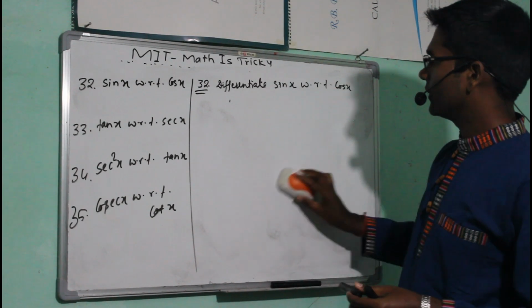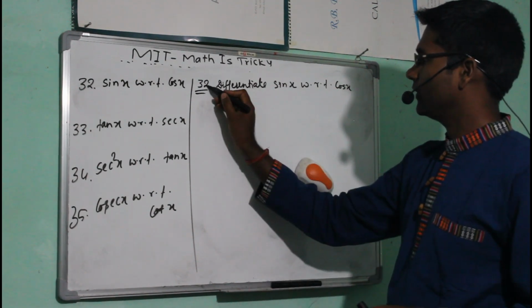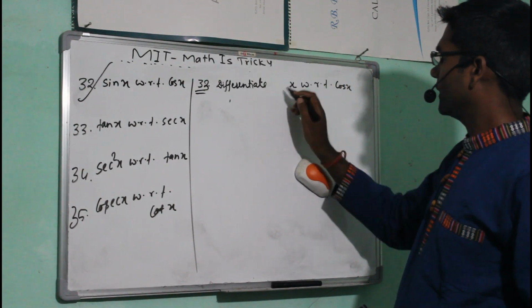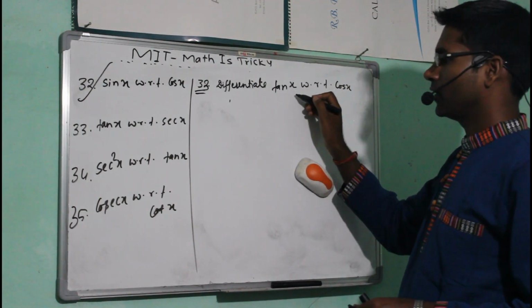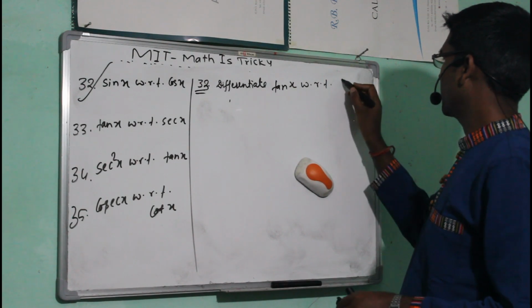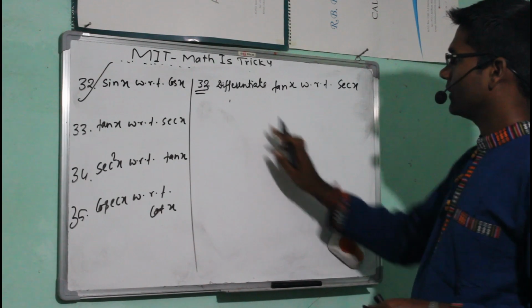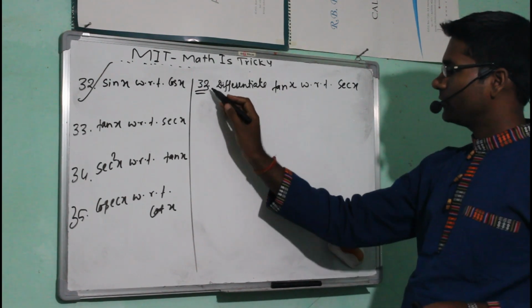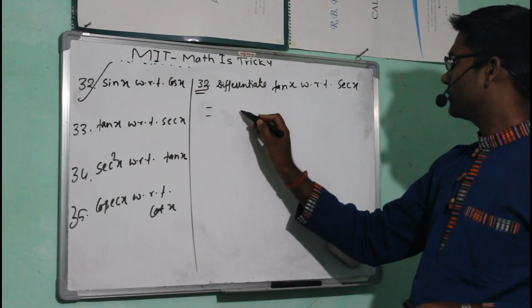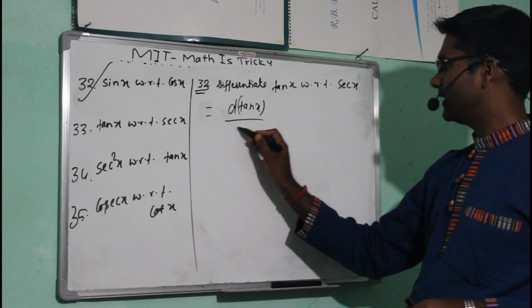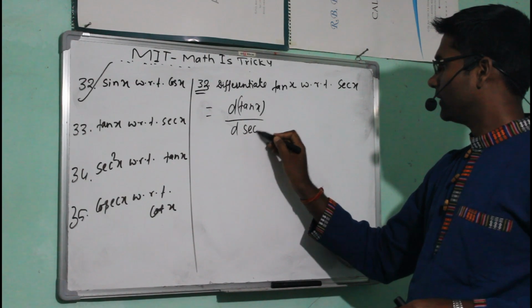Question number 33. Differentiate tan x with respect to sec x. Okay, let's solve this. This is actually d tan x by d sec x.